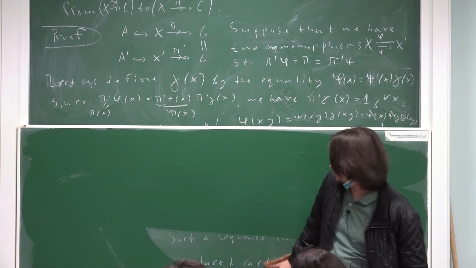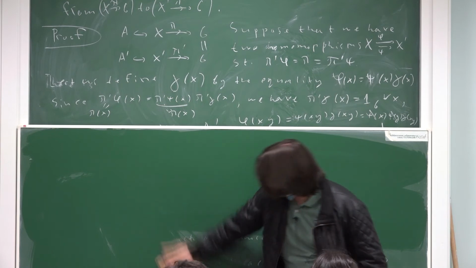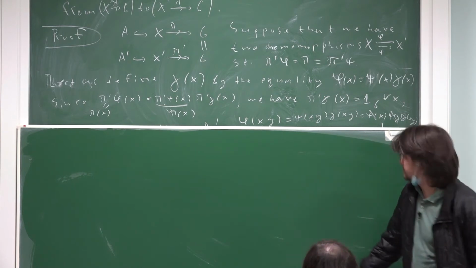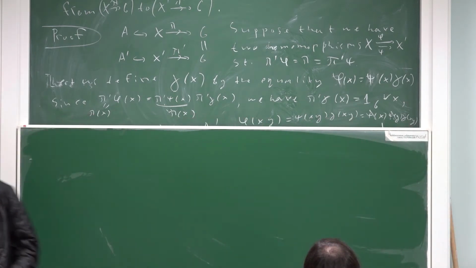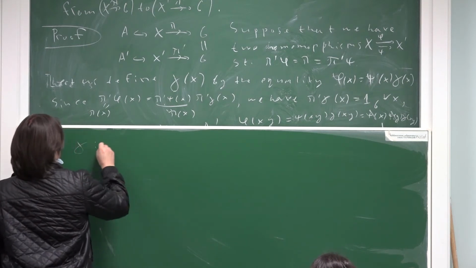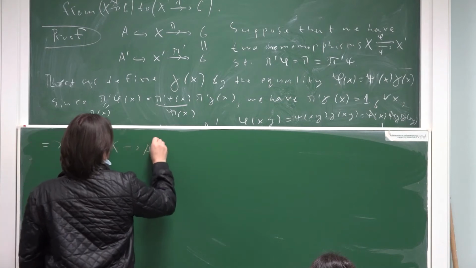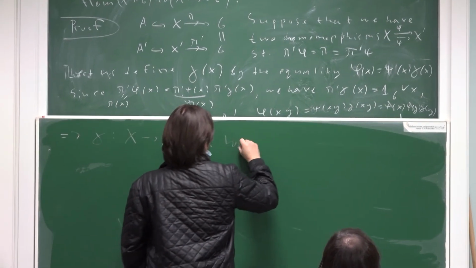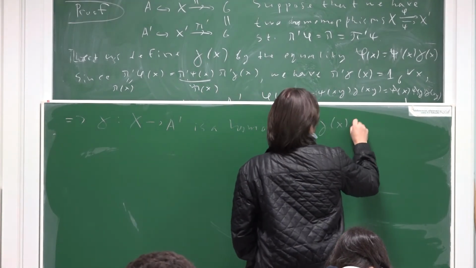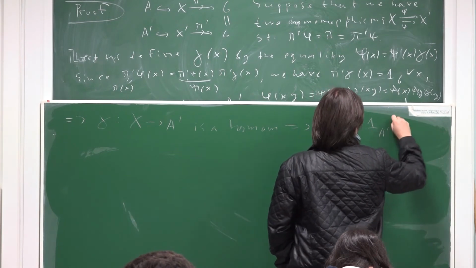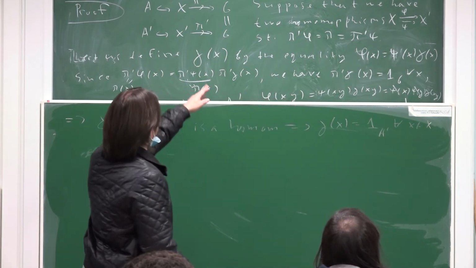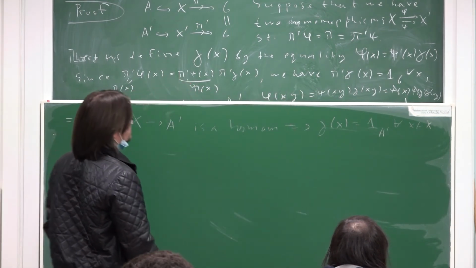Because any homomorphism from a group to an abelian group factors through abelianization, and the abelianization of a perfect group is trivial. Then gamma of x is equal to 1_A prime for any x from X. And this exactly means that phi is equal to psi.